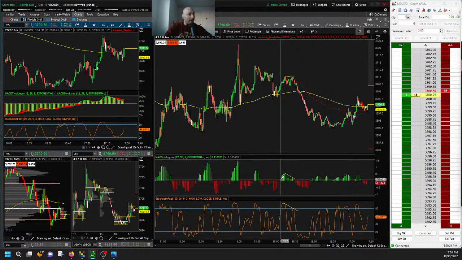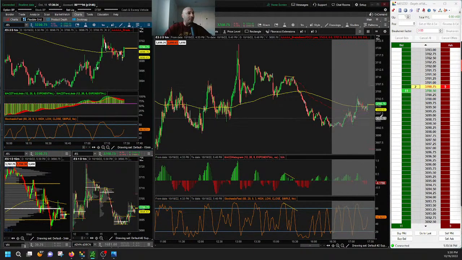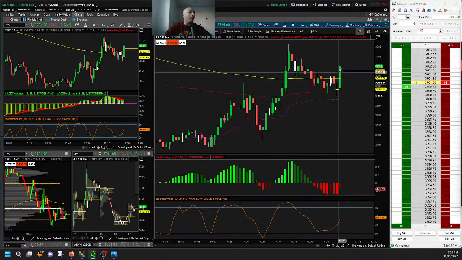Another way of looking at it is these lines up here are starting to get wider. As they get wide here, we will see a move like this right here. So it's just a different way of looking at it.